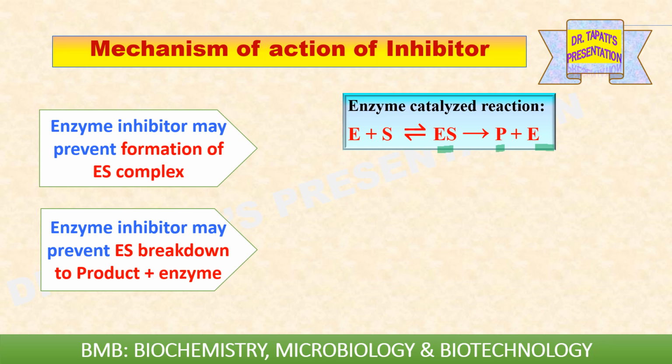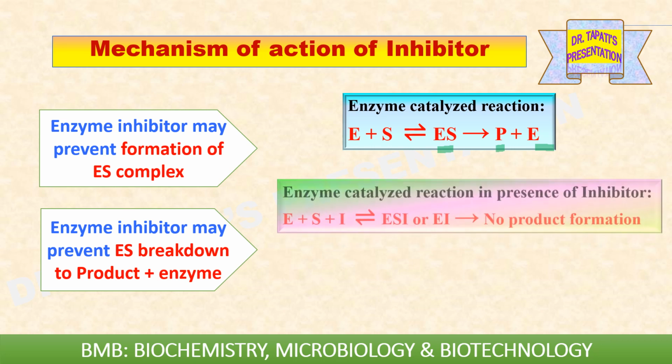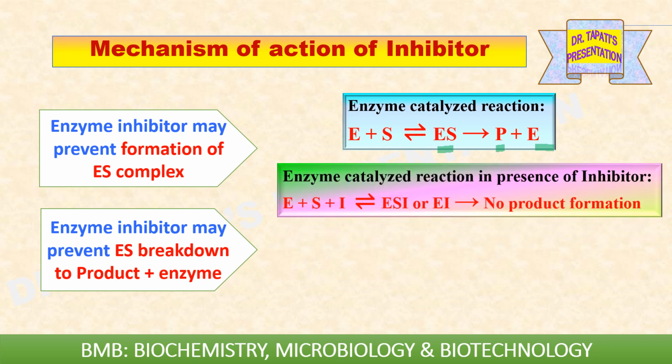You can say that inhibitors work in two ways. They either stop the substrate from getting to enzyme's active site or prevent the enzyme from catalyzing the reaction. When inhibitor binds with free enzyme or ES complex, enzyme activity is reduced. So inhibitor either binds with free enzyme to make EI complex, or inhibitor binds with ES complex to produce ESI.